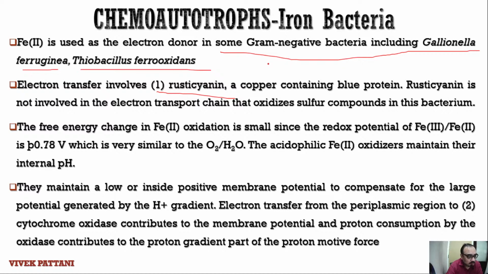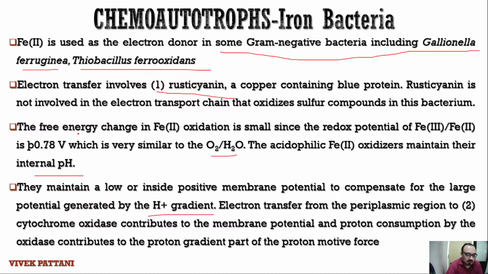Also, the free energy change and redox potential is similar to that of oxygen, and the acidophilic oxidizers maintain their internal pH. They maintain an inside-positive membrane potential to compensate for the large potential generated by the hydrogen gradient.